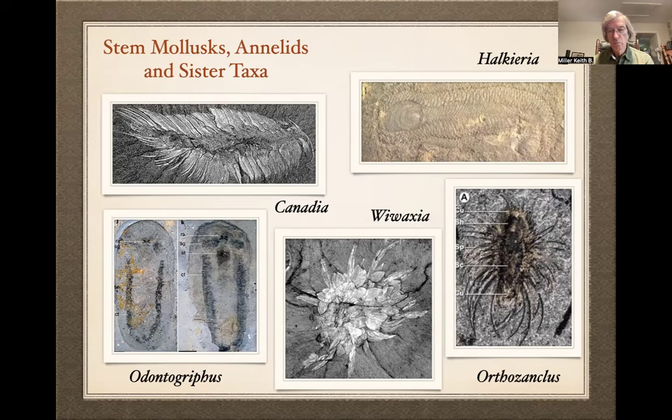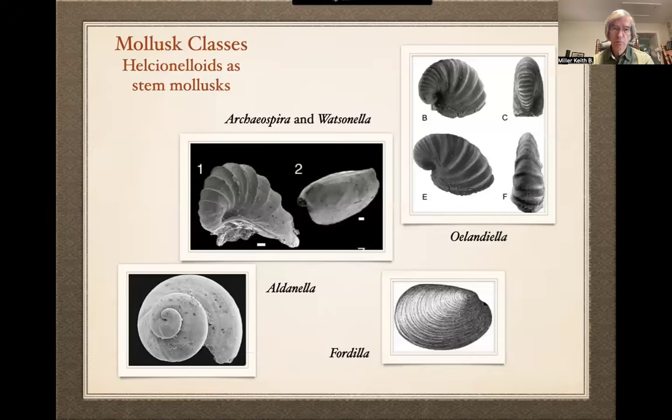These are sister groups to the mollusks and annelids that have some mollusk characteristics and some annelid characteristics. In other words, they represent a group of organisms that branched off before mollusks and annelids became distinct. So again, they're transitional. These are transitional forms between phyla, between annelids and mollusks. And then we have mollusks themselves.